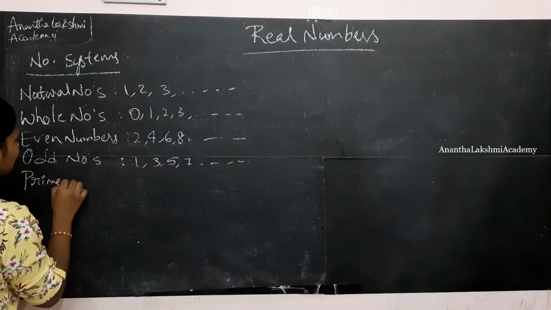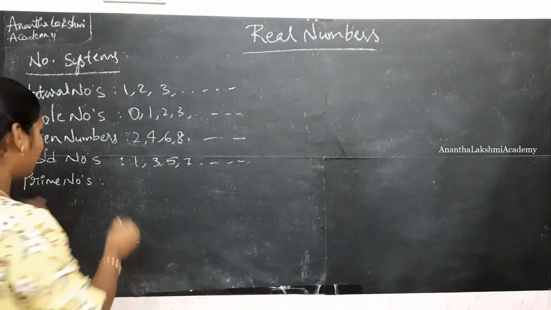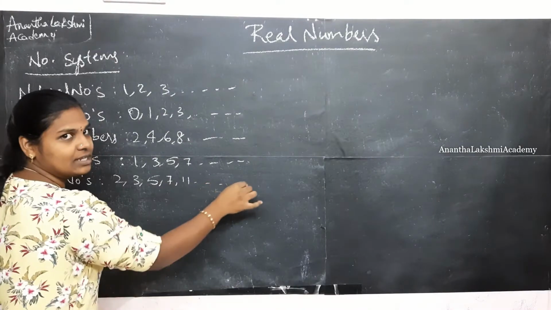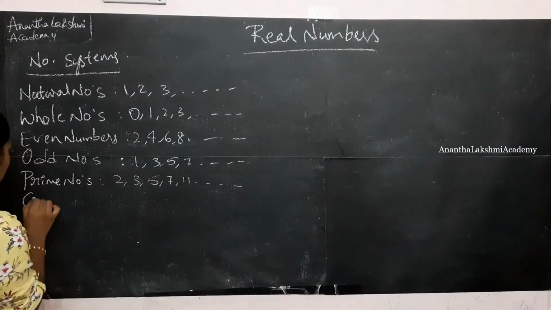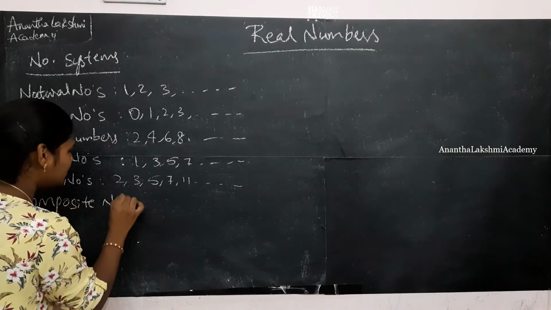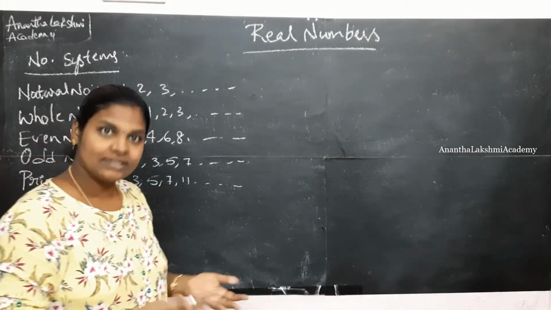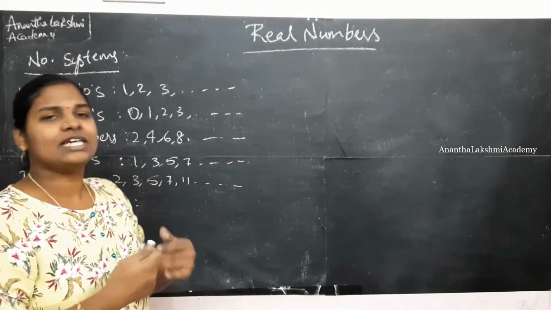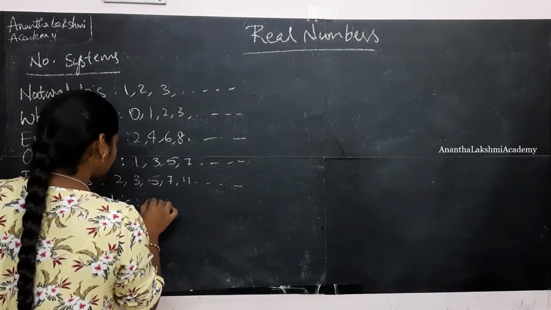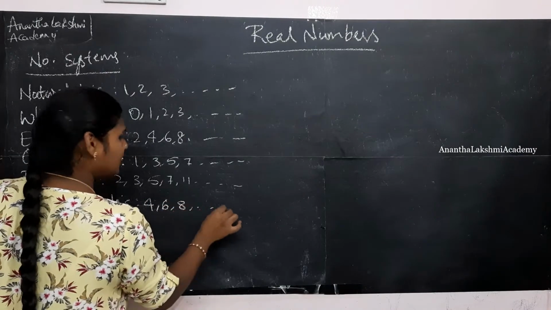Prime numbers are nothing but those which are divisible by 1 and itself: 2, 3, 5, 7, 11 and the series goes on. And then we have composite numbers. What are composite numbers? Composite numbers are those which are divisible by 1, themselves and by some other numbers as well, like 4, 6, 8 and it goes on.